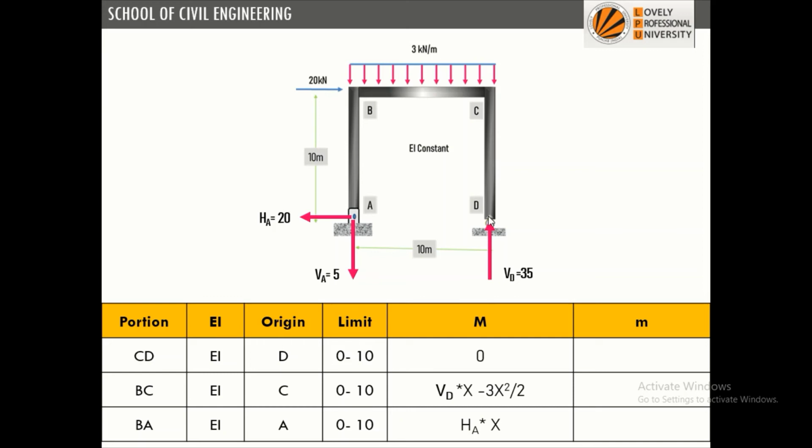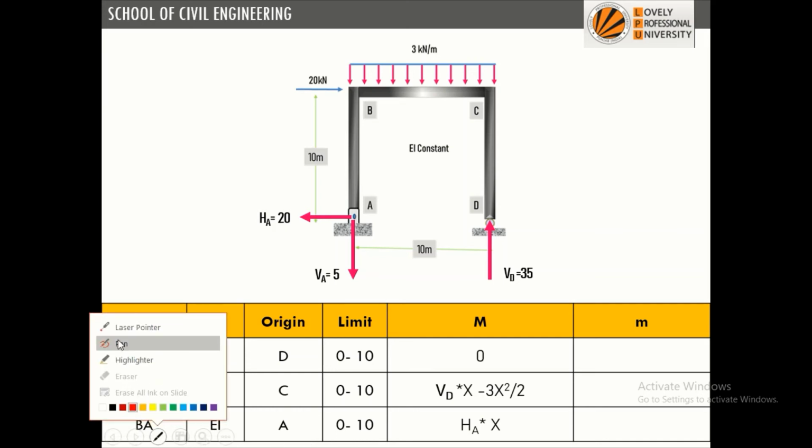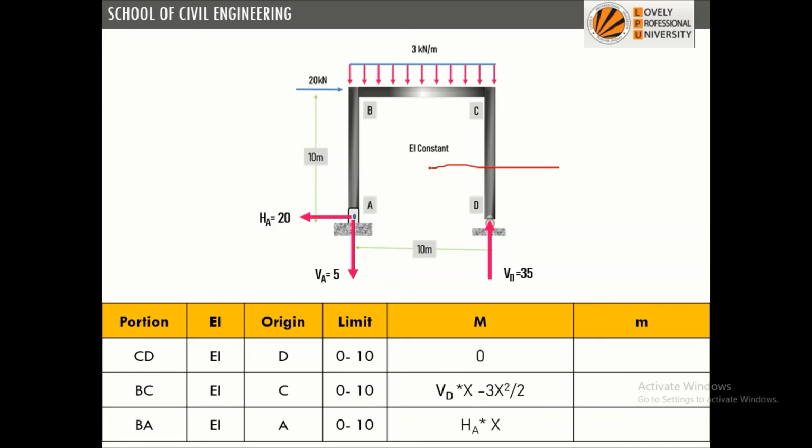You can see that there are three portions here. First one is DC, second one is CB, and last one is AB. For the portion CD, we'll cut a section. One section should divide the structure into two parts, so either we consider the forces on this side or all the forces on the other side.